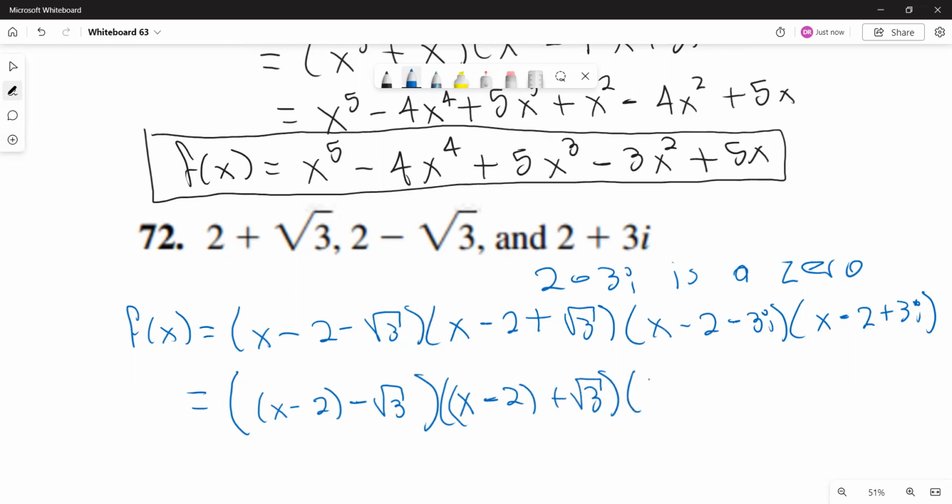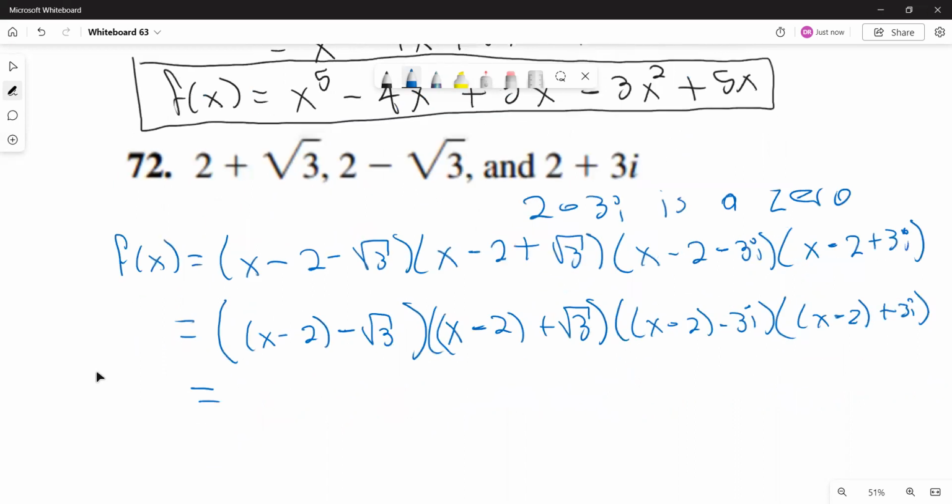Then x minus 2 minus 3i and x minus 2 plus 3i. That way we have products of sums and differences.